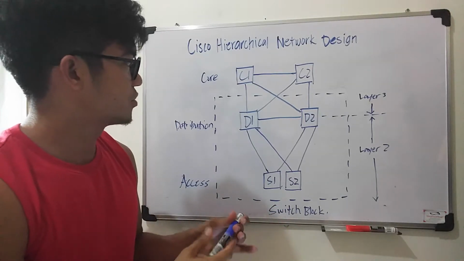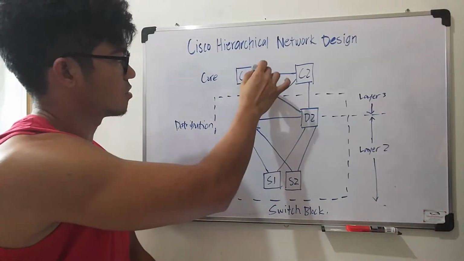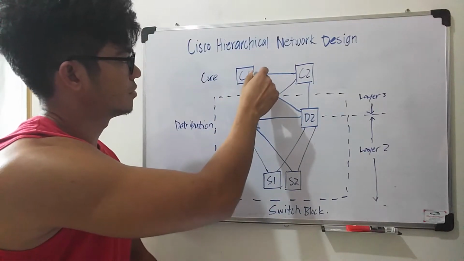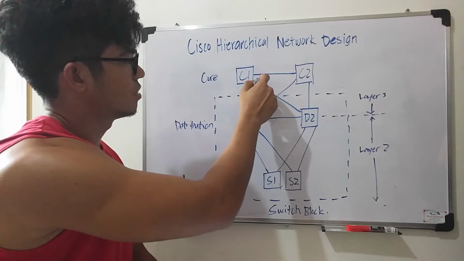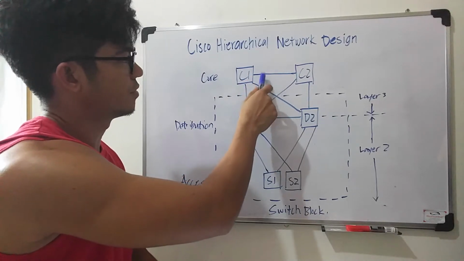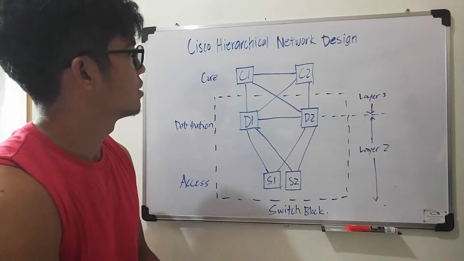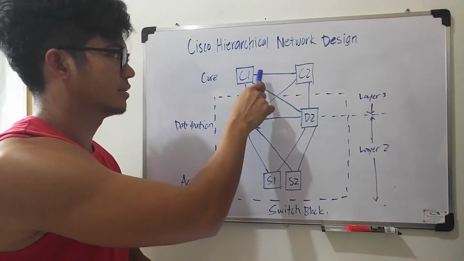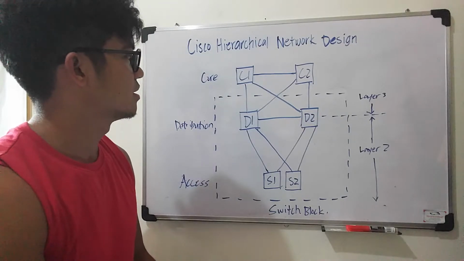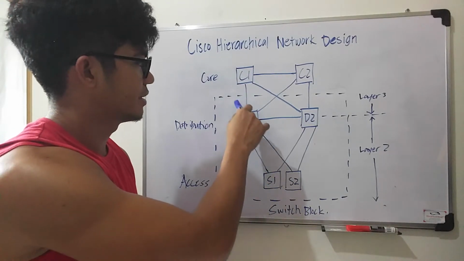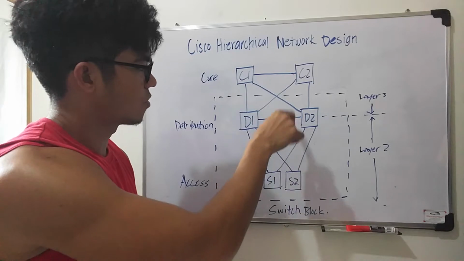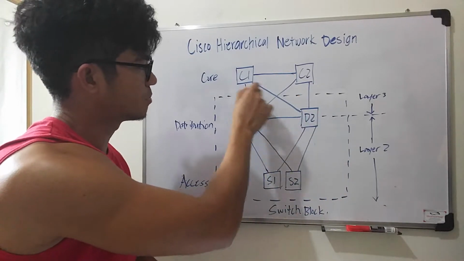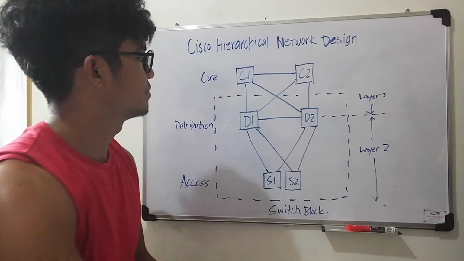So they're doing their routing here on the core layer switches, or on the BR routers, or on their layer 3 devices. So these are all layer 2 here, and these ports here are just trunk ports.